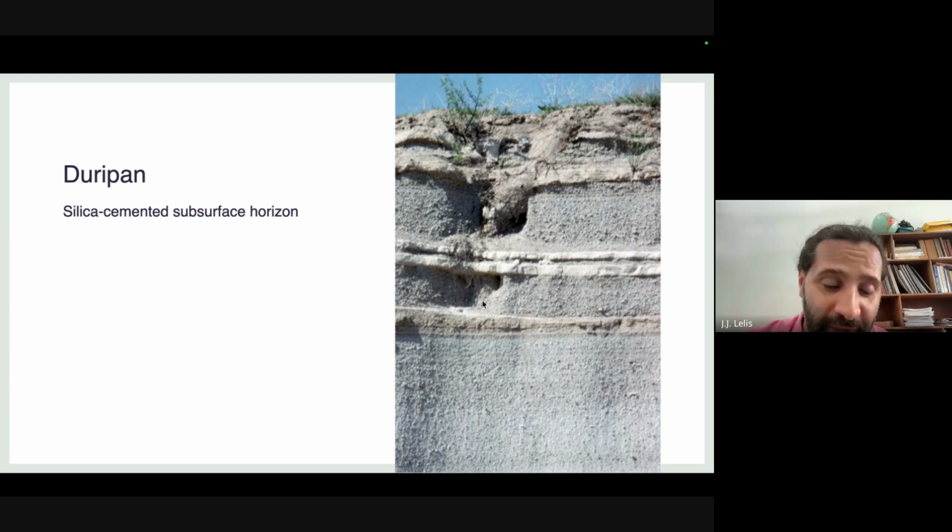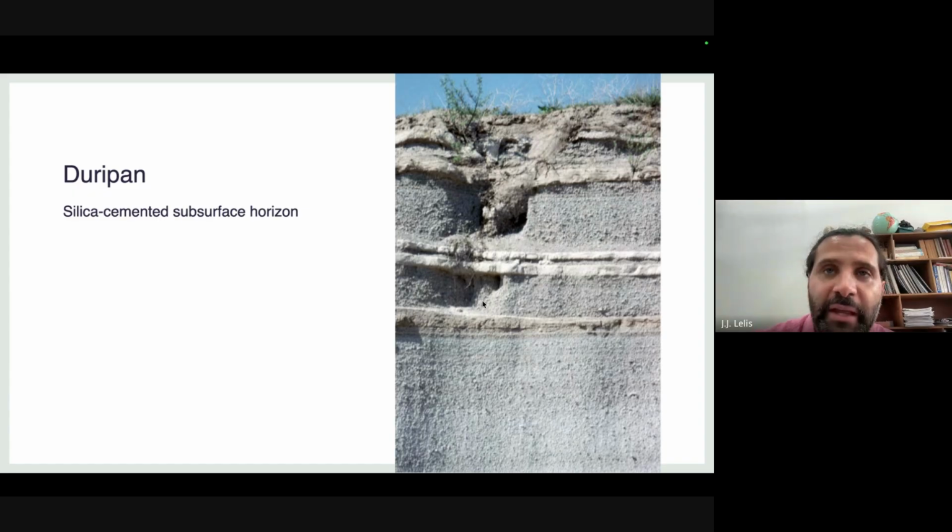Okay, great, good question. Hardpan and duripan are different, but basically in terms of classification, I'd say. Hardpan is not a diagnostic horizon, okay?